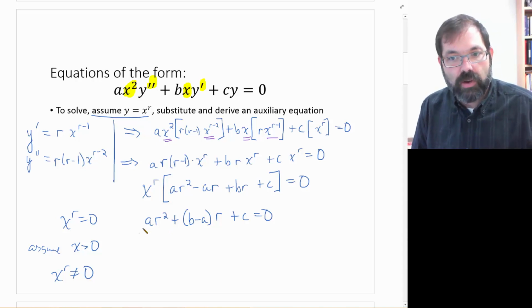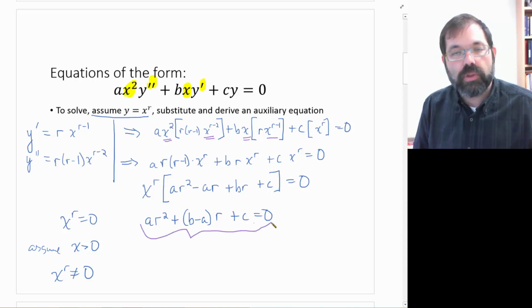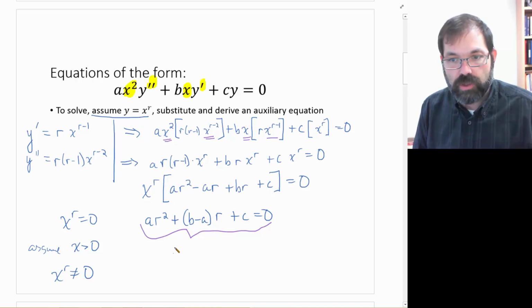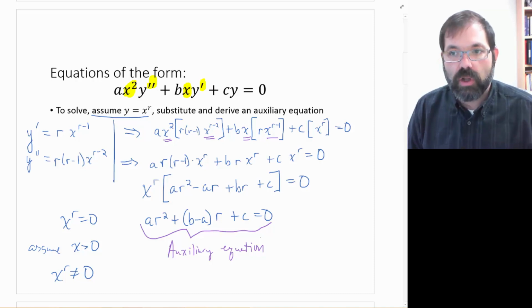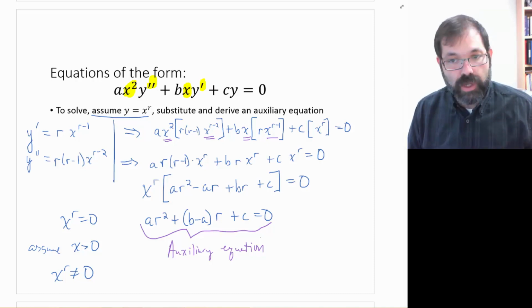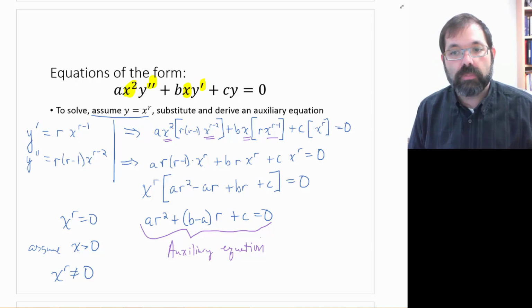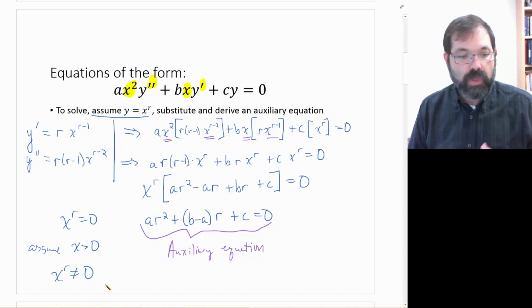And so now this is the characteristic equation for the Cauchy Euler equation, the characteristic or auxiliary equation. So if we have a Cauchy Euler equation, we make the assumption that y equals x to the r, and our auxiliary equation becomes ar squared plus b minus a times r plus c equals 0.